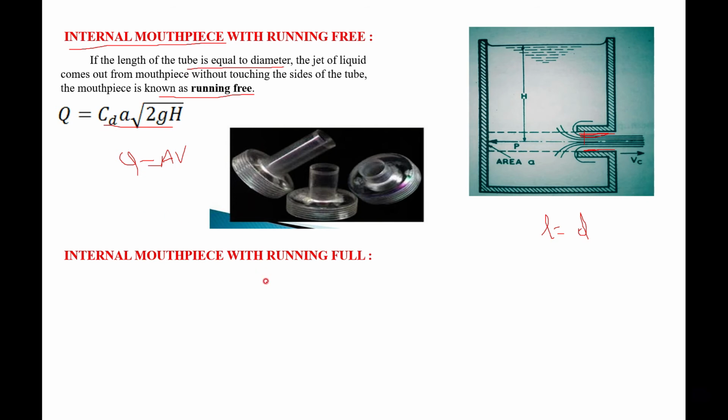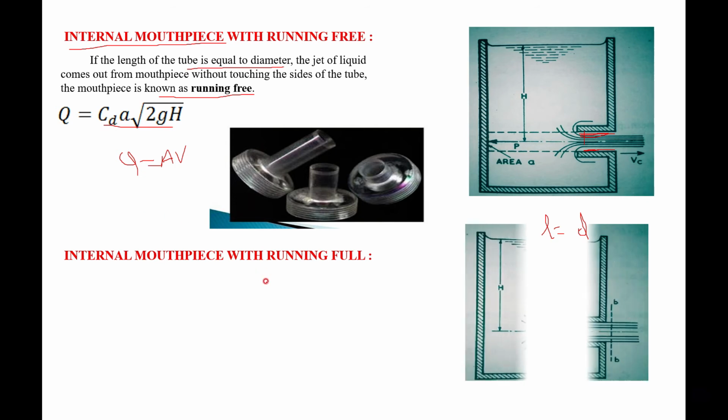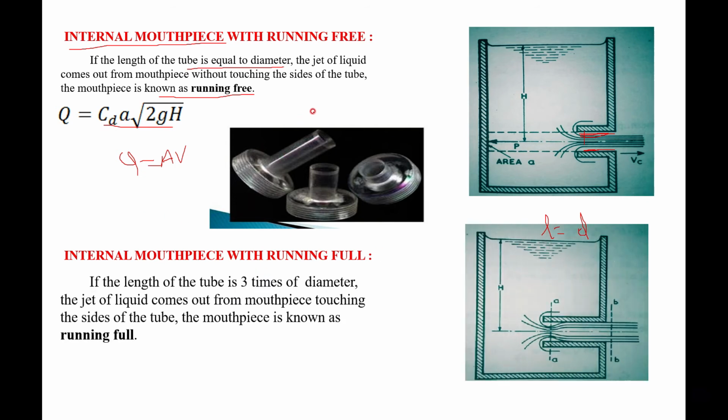Then internal mouthpiece with running full. Running free, earlier, meant the jet was not touching the sides of the tube.